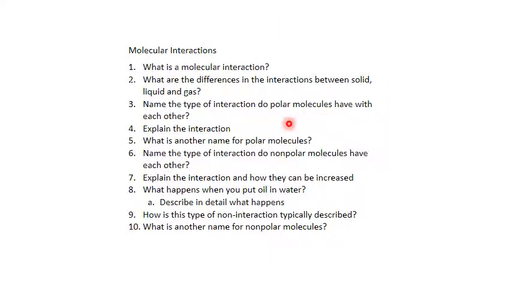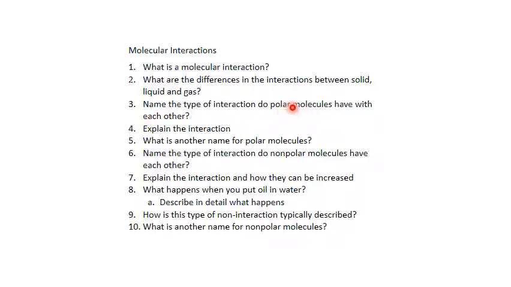An electrostatic attraction between polar molecules is known as a dipole-dipole interaction. So all polar molecules interact with each other, and they do it quite easily. We just line them up, put them in there, and they naturally attract.